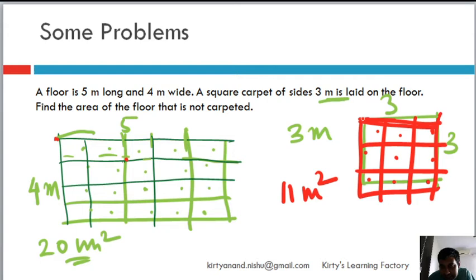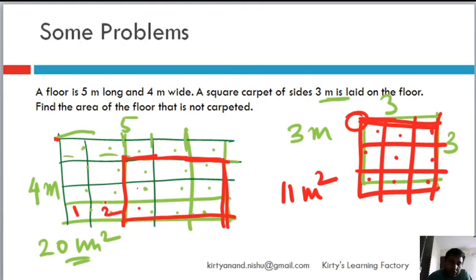This point of the carpet we are placing here, and then 1, 2, 3 units, then 1, 2, 3, and 1, 2, 3. That's the square carpet which we have. This is the uncarpeted area. Let's count again: 1, 2, 3, 4, 5, 6, 7, 8, 9, 10, 11.